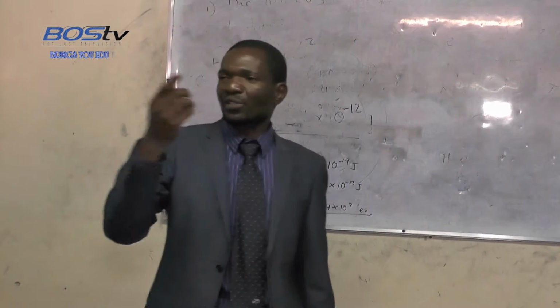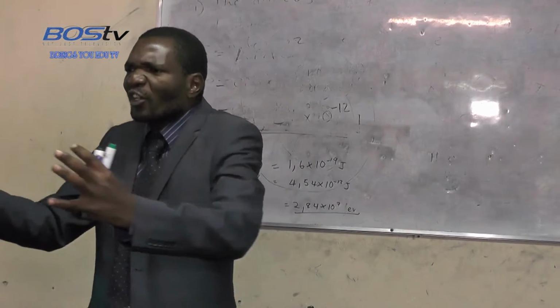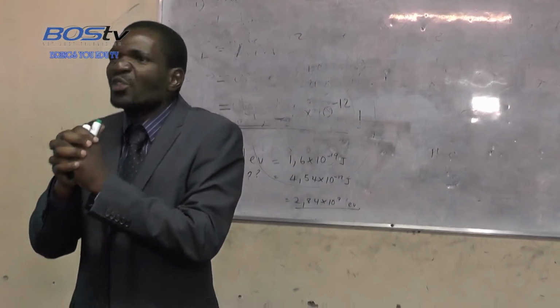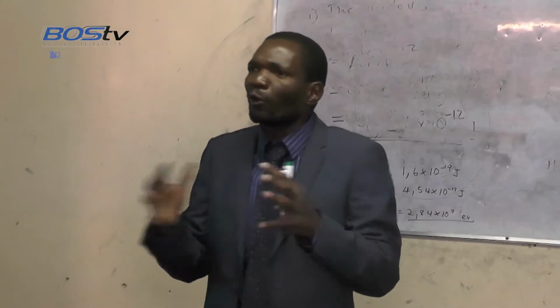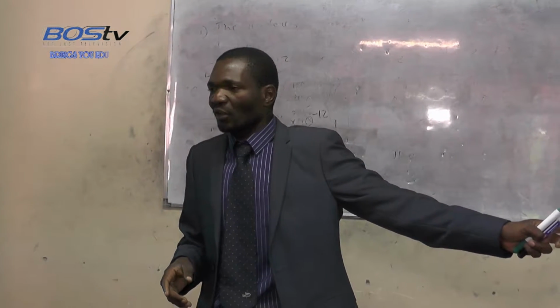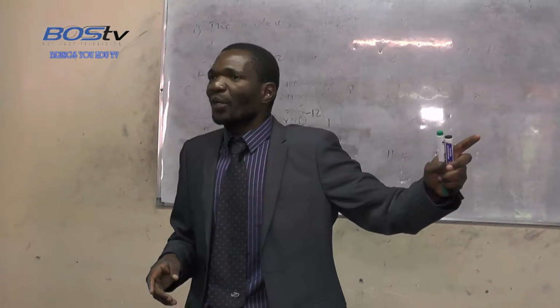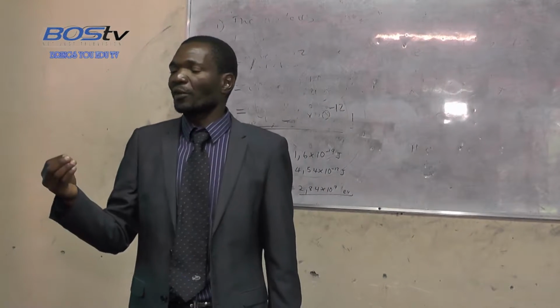When the nucleus was formed, the energy which was required to bring all nucleons together to form one nucleus, we also call it what? Binding energy. But in the process of forming a nucleus, the energy is emitted. When it is emitted, we see it as a decrease in mass, which we call mass defect.